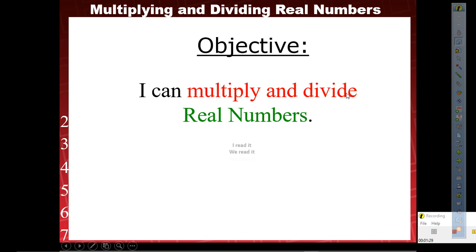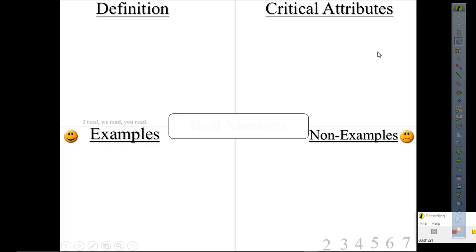So once you copy the objective at the bottom left of your Cornell notes, what goes in the center of your Frayer model? Real numbers. So, in the center of your Frayer model, write real numbers.